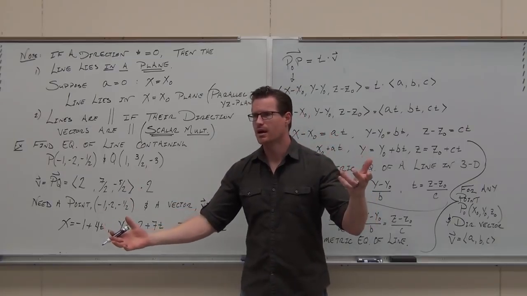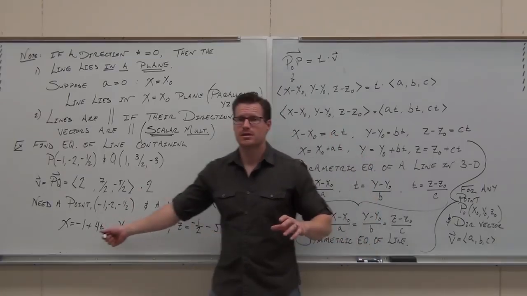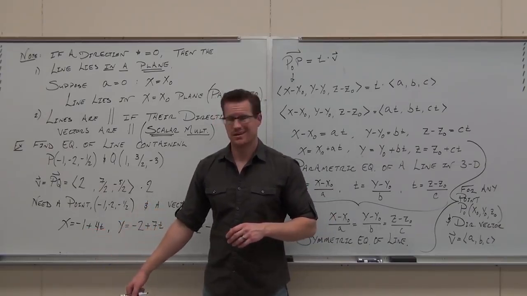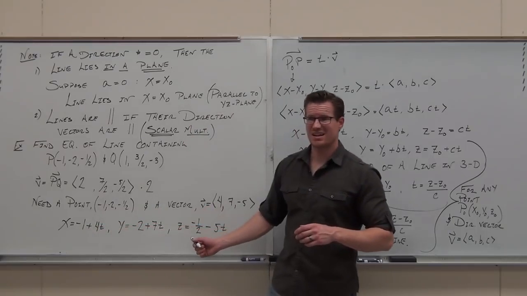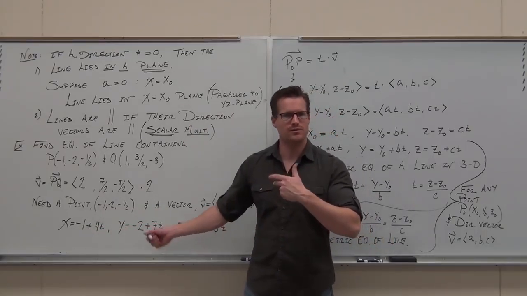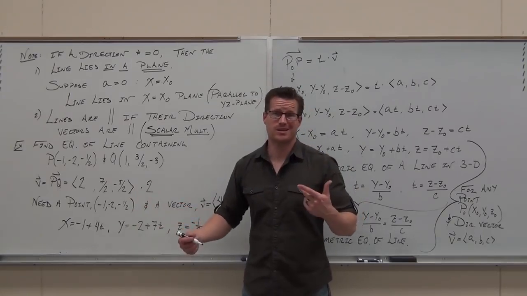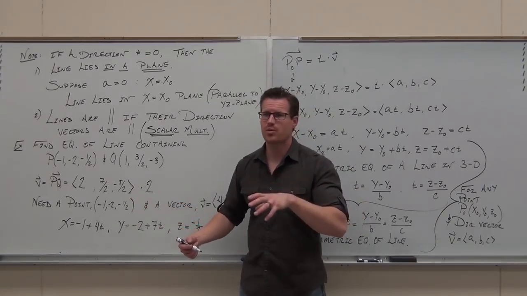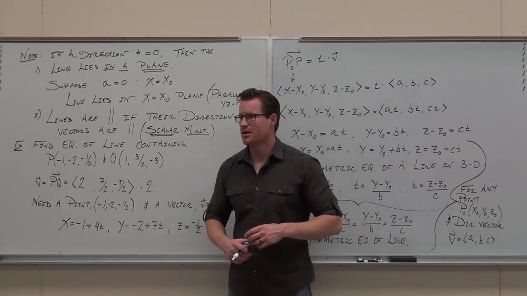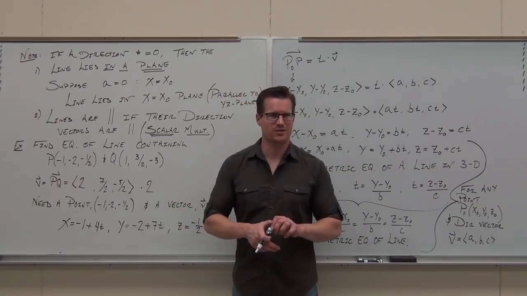That's how parametric equations work. Now, if I give you this, can you go backwards and tell me a point on that line? It's pretty easy. You'd plug in t equals 0, and that would give you what we'll call the initial point. So you can always find a point on a line by just plugging in t equals 0. Can you always tell me a direction vector for that line?